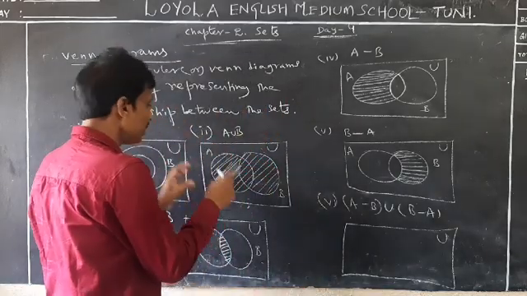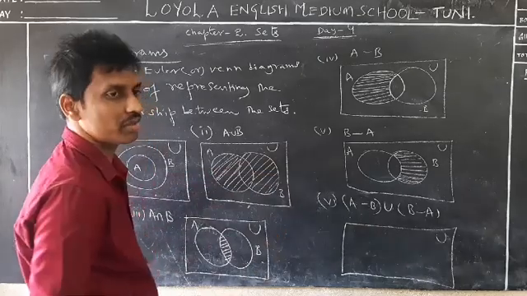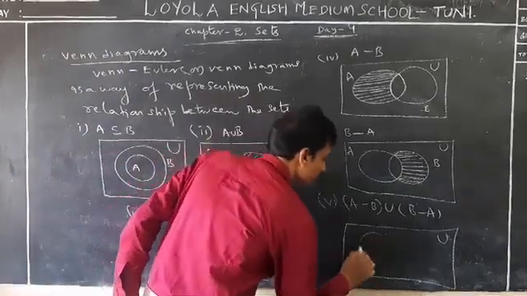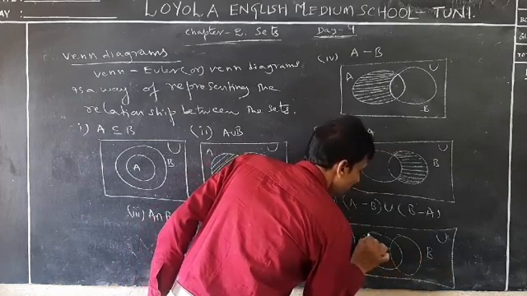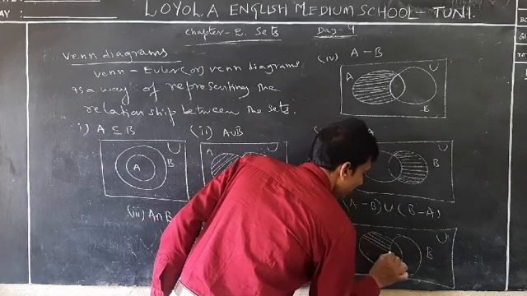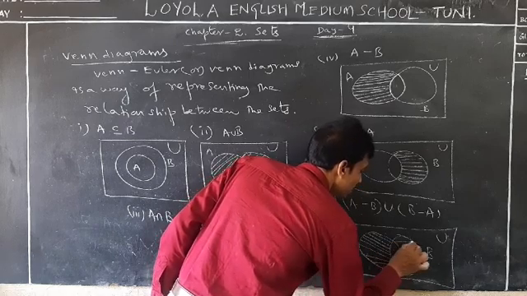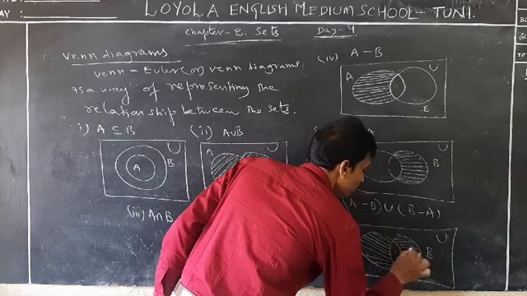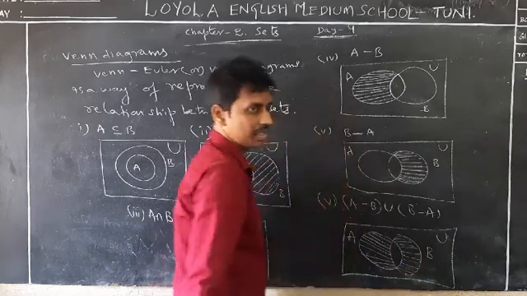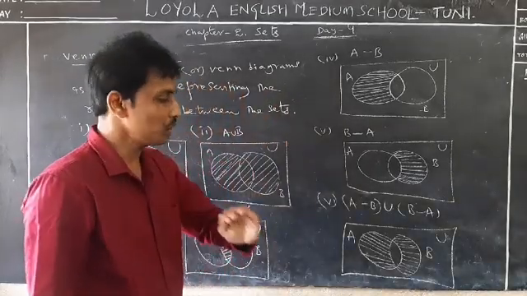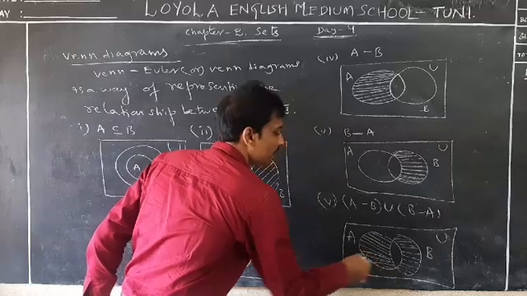So how do we draw diagrams till now? By using two circles, except the first one. Draw the diagram as usual: A circle, B circle. First of all, draw the diagram only for A minus B, and next draw the diagram for B minus A. You may use vertical lines to represent B minus A. If you want to show the difference A minus B, you may draw horizontal lines.